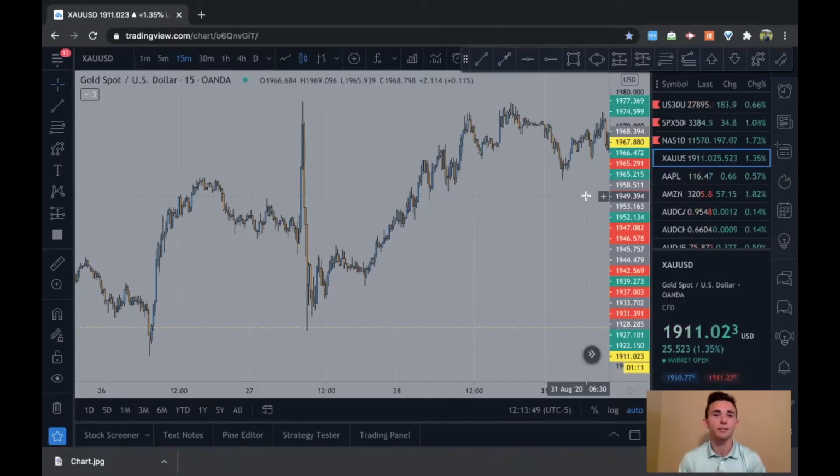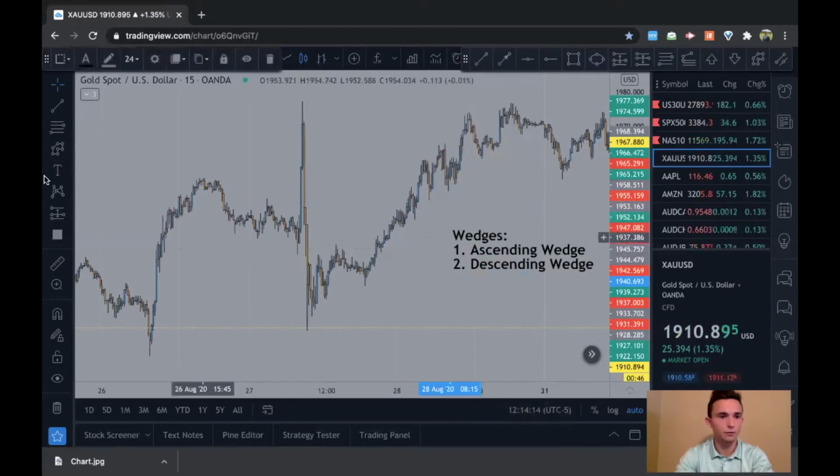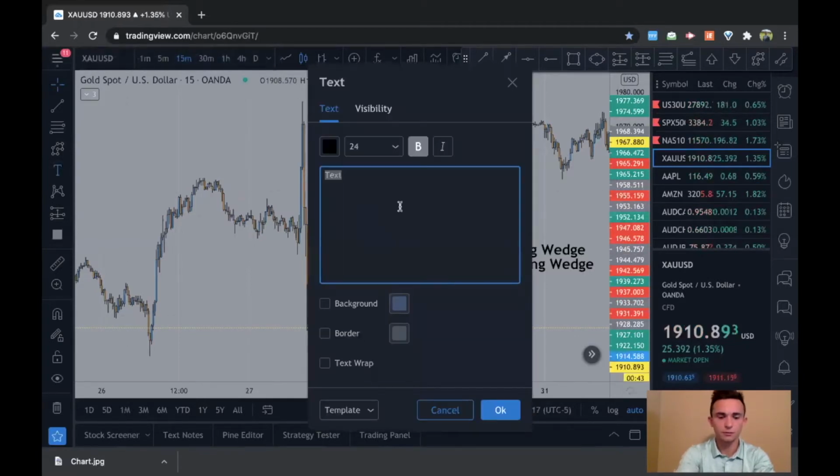So what I'm going to do is break it down here on the gold on the 15-minute. I'm just going to go over a couple quick things first of all. So with our wedges, there's an ascending wedge, descending, and with our channels, there are, same thing.